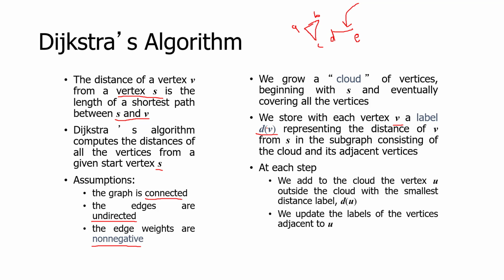As we find a better path to reach v, we will update that distance. And at each step we add to the cloud a vertex u outside the cloud, and we will see how the cloud grows, and then we update the labels and the distances which start from u of v and go up to u.